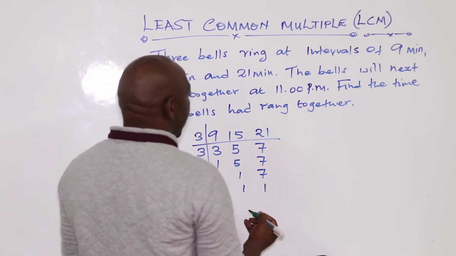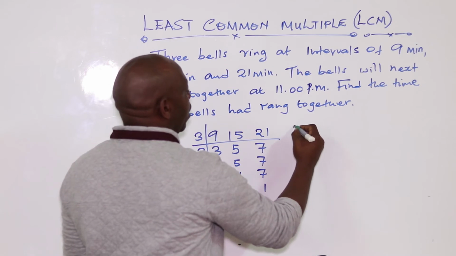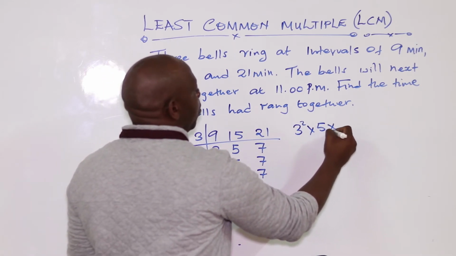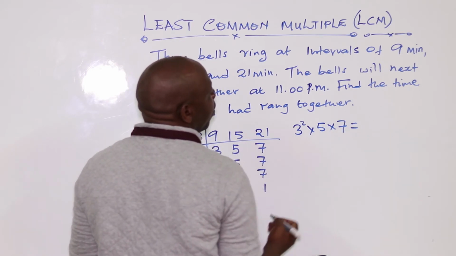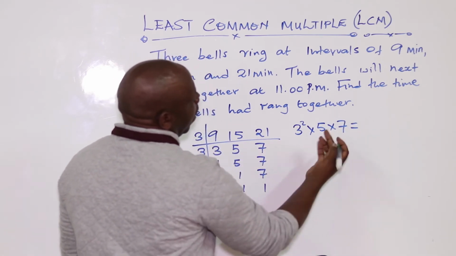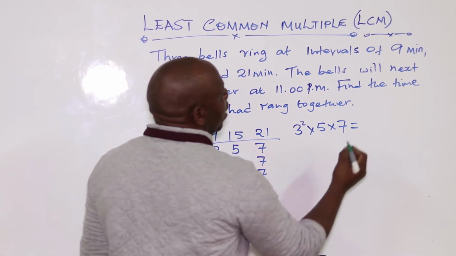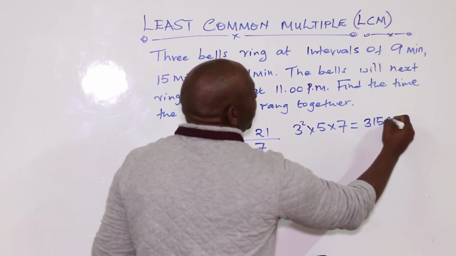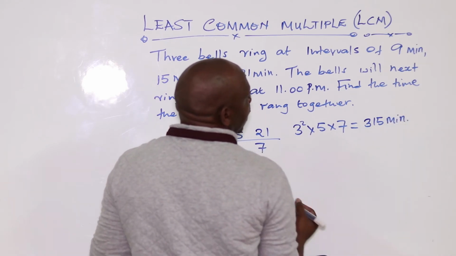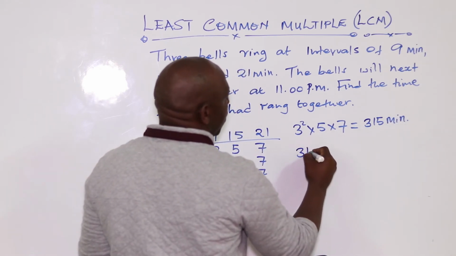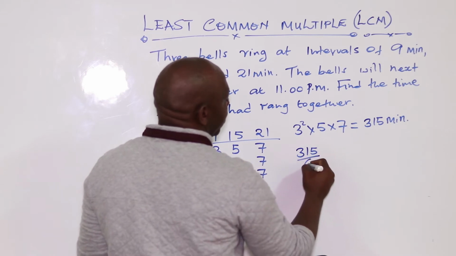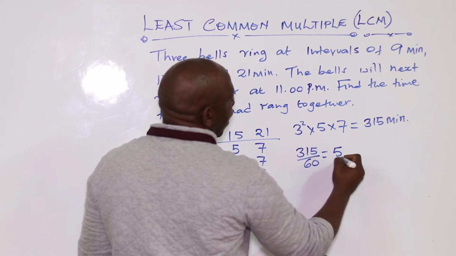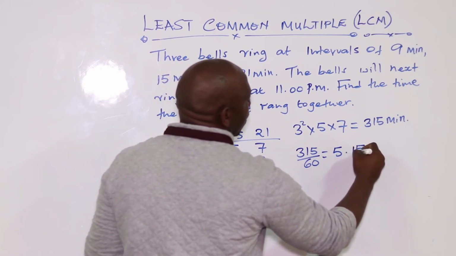And therefore, the LCM is 3 squared times 5 times 7, which is 5 times 9 times 7, that is 315. If you take 315 minutes, divide by 60, you get 5 hours and 15 minutes.